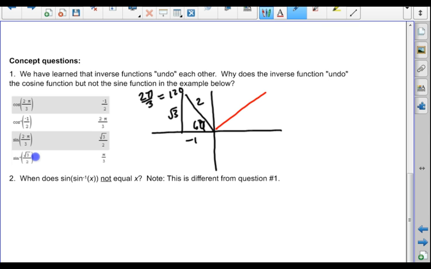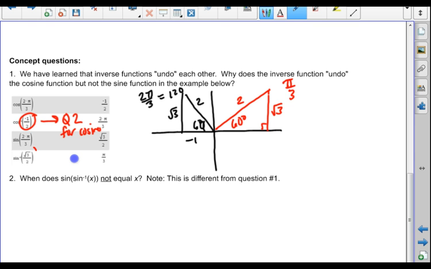So when I see inverse sine of square root of 3 over 2, here's square root of 3 over 2. This is a 60-degree angle in quadrant 1. This angle is pi over 3. So when I undo square root of 3 over 2 for inverse sine, it's in quadrant 1. And that's because this was a negative trig value, which gives me quadrant 2 for cosine.